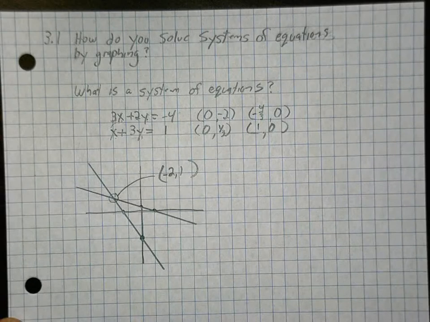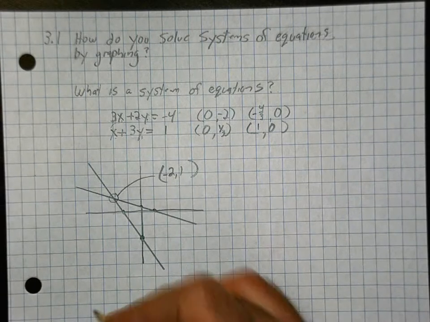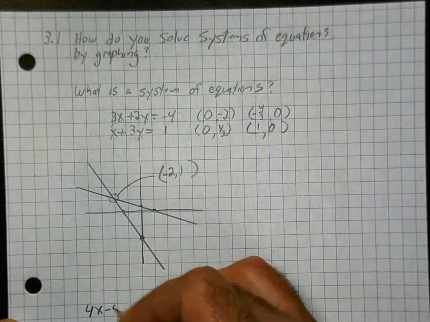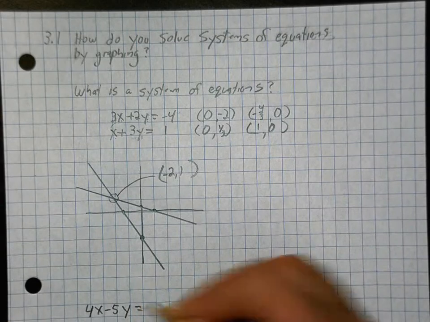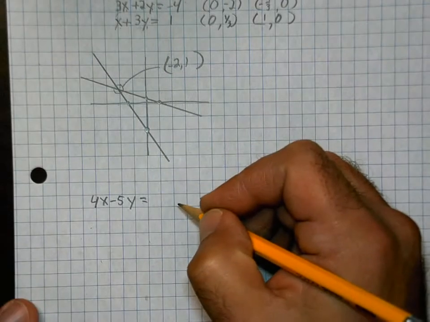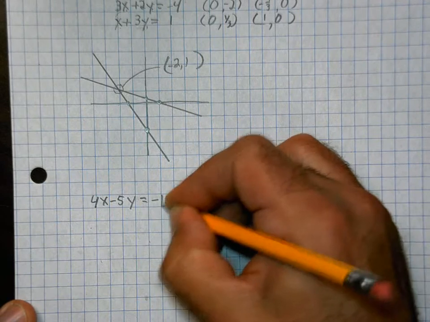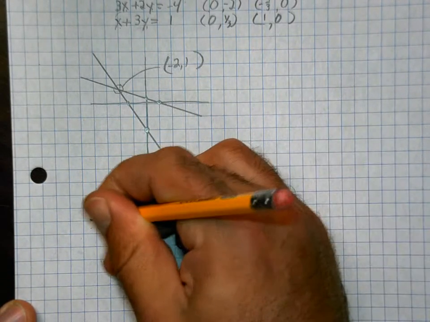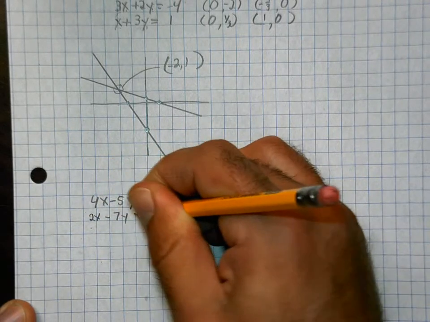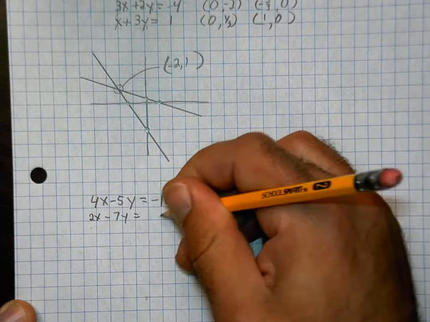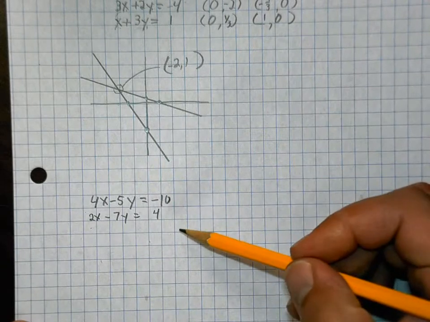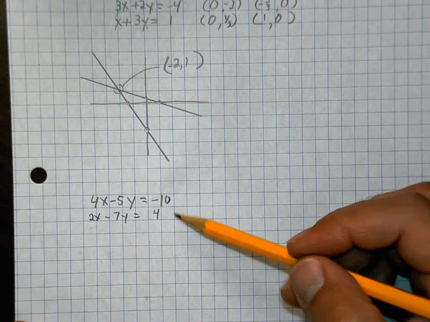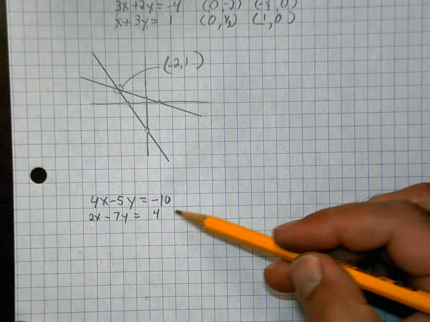All right. Let's move on. Let's try a second one here. 4x minus 5y equals negative 10, and 2x minus 7y equals 4. Go ahead and try that on your graph paper. Pause the video and then run it again, see if you get the right answer.